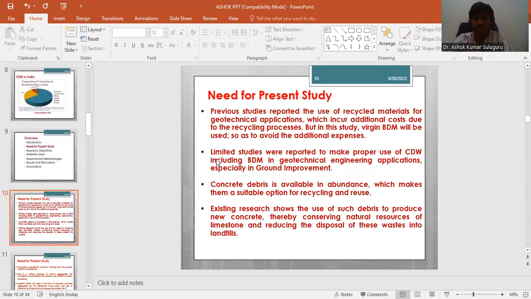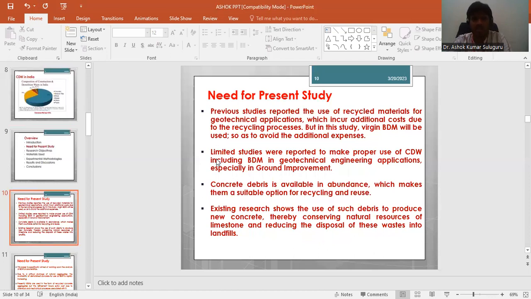Need for the present study. All the previous researchers recycled the materials back into their original shape. In that case, it takes a lot of money to recycle and bring it back to the original position. But here, we are trying to use virgin waste materials, as they exist.